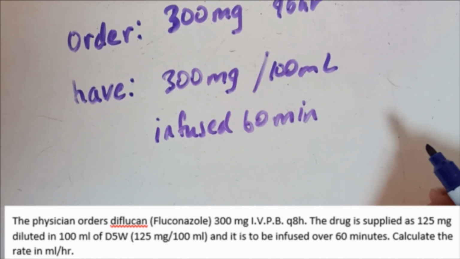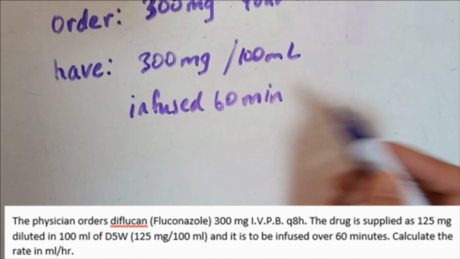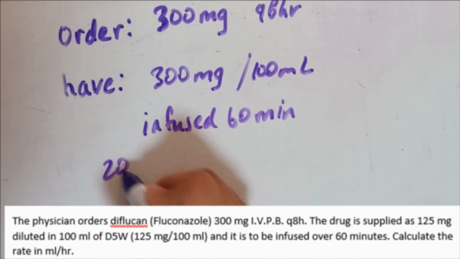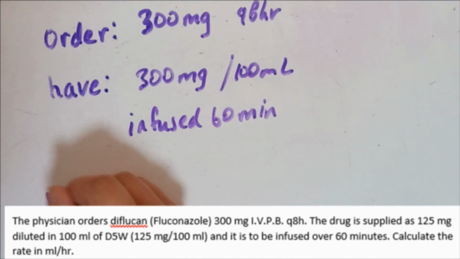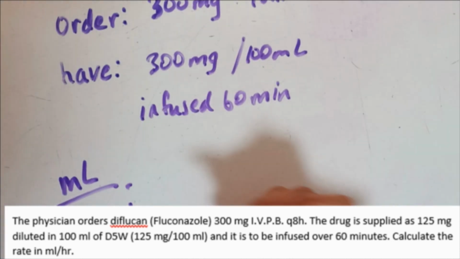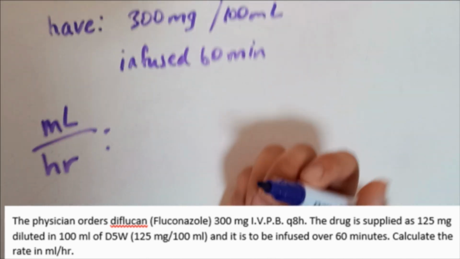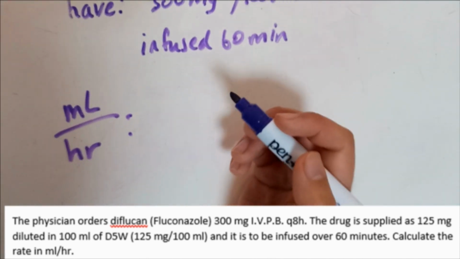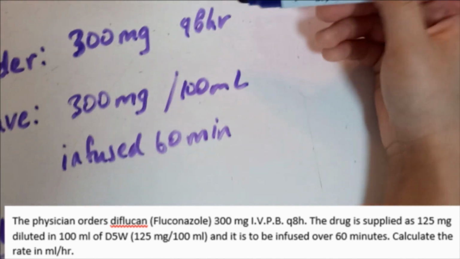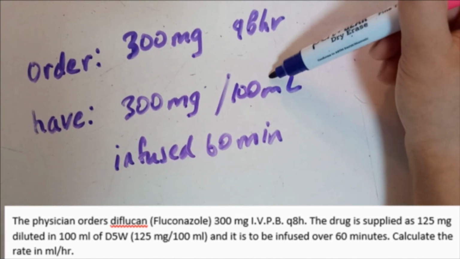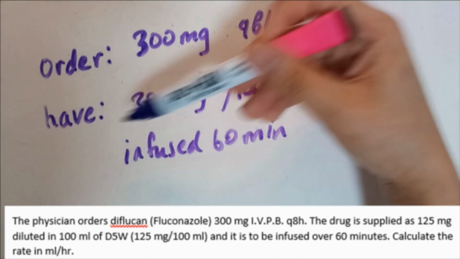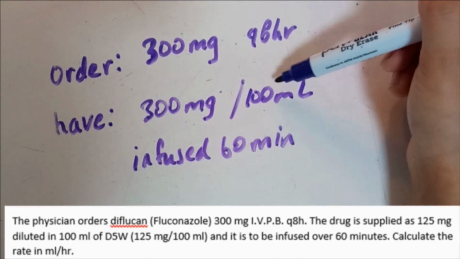And it's infused for 60 minutes. Oh, and they added drop factor too. The drop factor is not important for this question because we just need milliliters over hour in our final result. So the drop factor is extra information. First we have to convert. If this had been different, we would have had to figure out how many milliliters of what we have we would need to adjust it to make it the same.